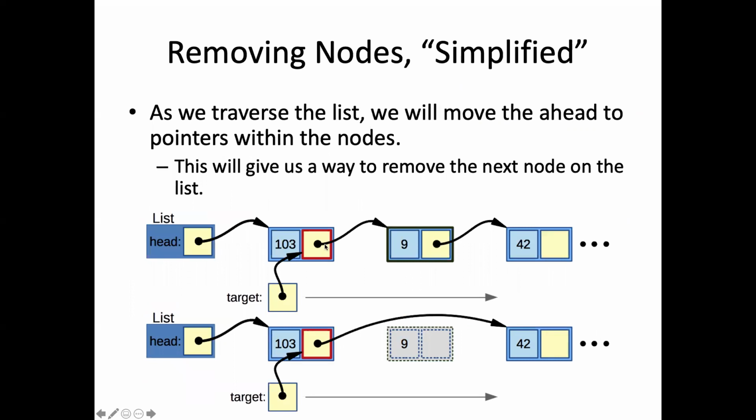I don't have a picture for this, but if I kept walking down the list, as target moves down the list, it's then going to point to the next pointer inside this 9 node, and then the next pointer inside this 42 node, until I either fall off the end of the list or I find a pointer that points to the node that has the value I want to remove.